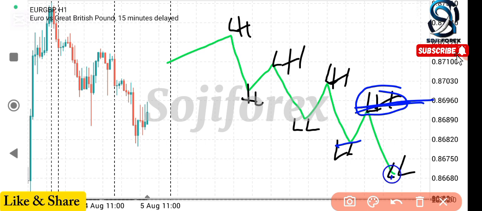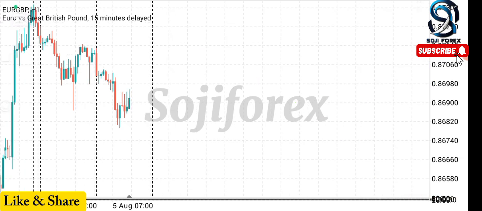So anytime price breaks out of this lower high, it becomes a break of structure. The same way it is applicable to the uptrend is what is applicable to the downtrend. So having spent much time on the uptrend, now let's go into a real chart scenario.